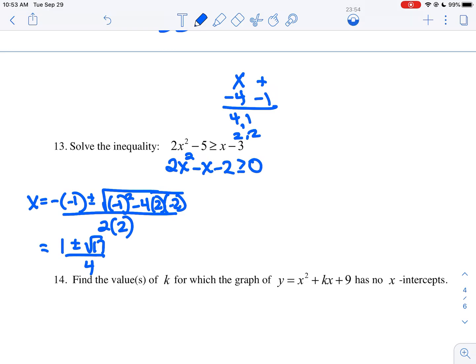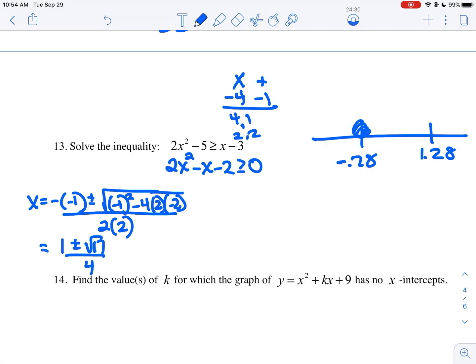So you could get decimal answers. So if you do the decimals, I got negative 0.78 and 1.28.